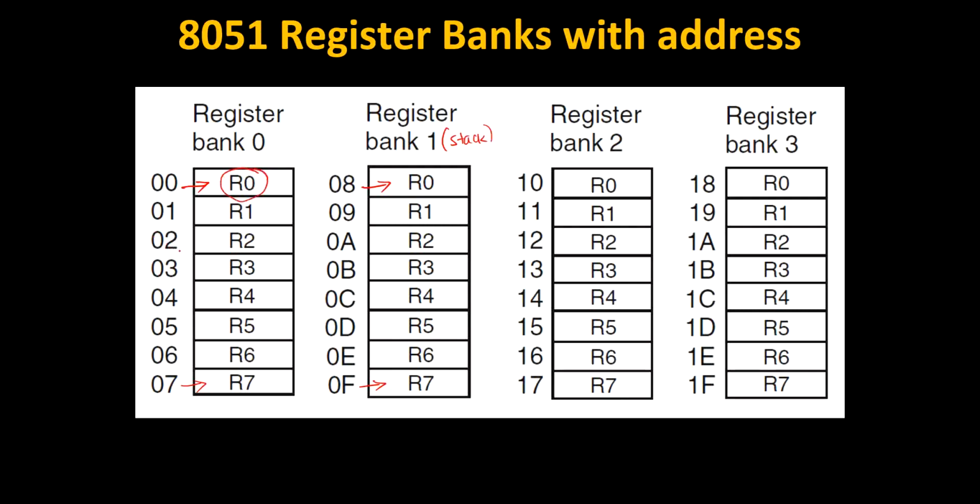Likewise, I can refer to these registers by name as well as by address. Similarly register bank 2 is 10 to 17 and register bank 3 is 18 to 1F. These are all present in the RAM area.